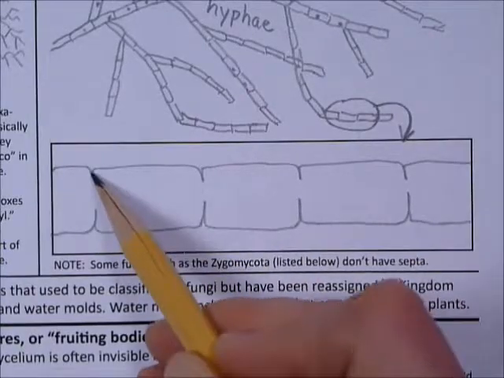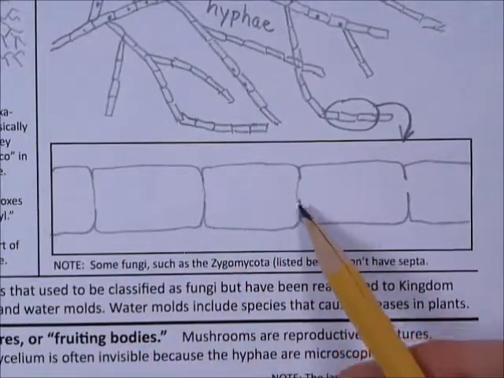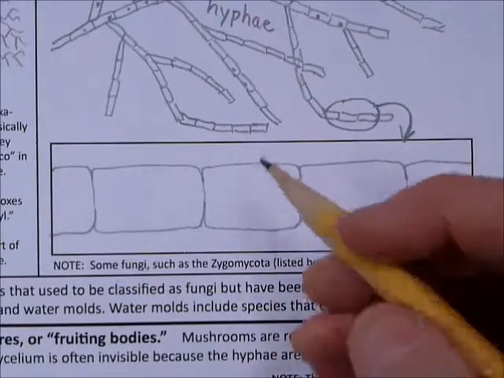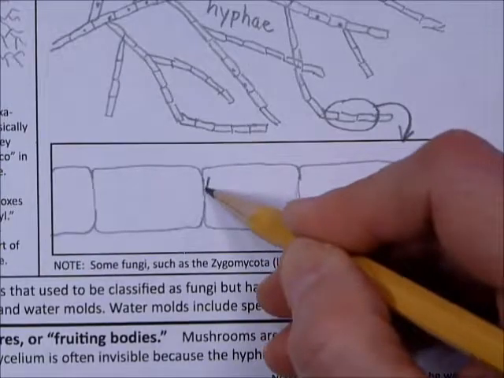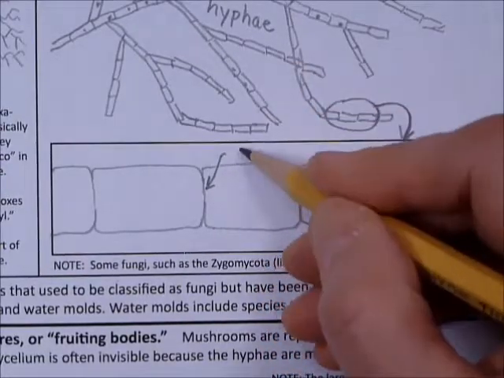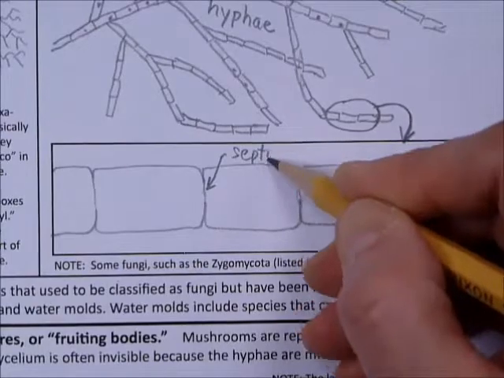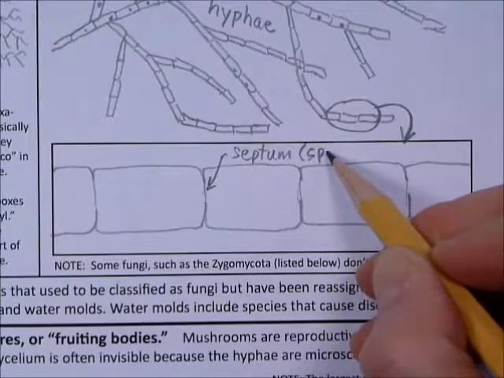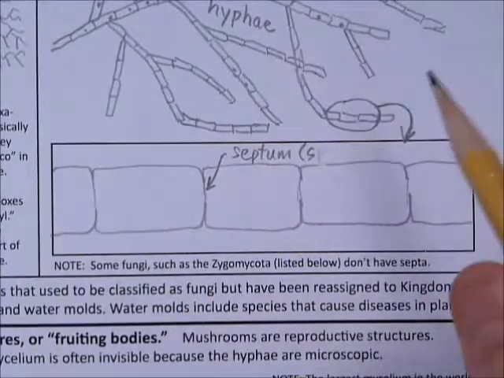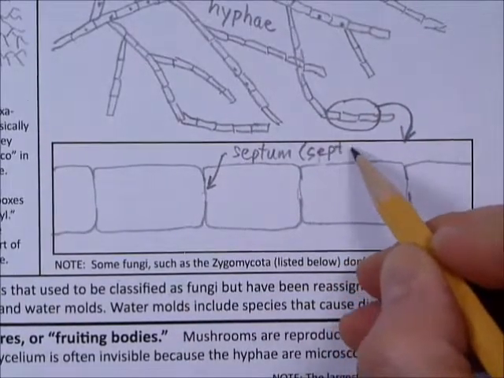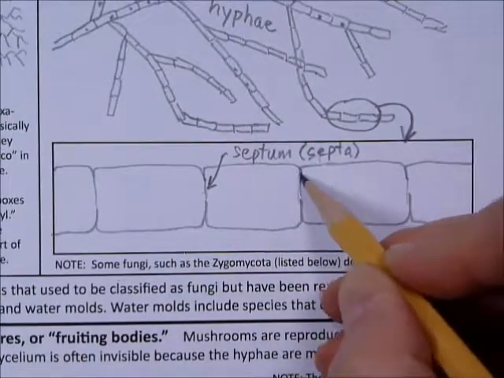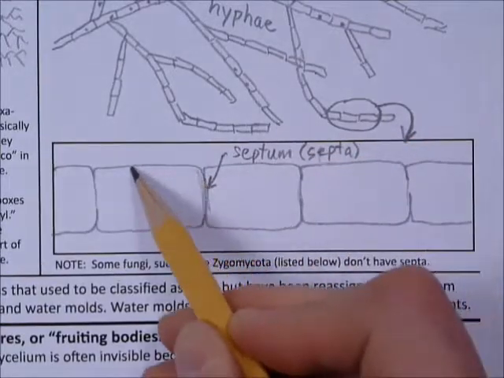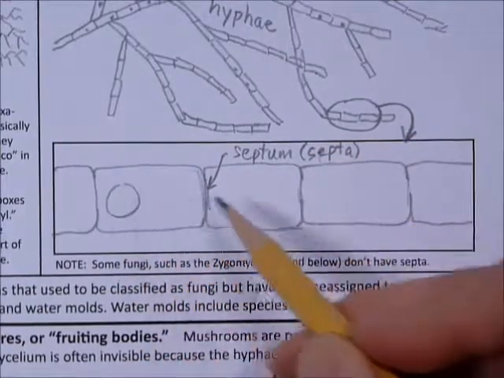So, like I said, some of these have lines in between the cells, which are called the septa. One septum, two septa. So the septum is the wall, and that's just Latin for wall. And then each one would have a nucleus.